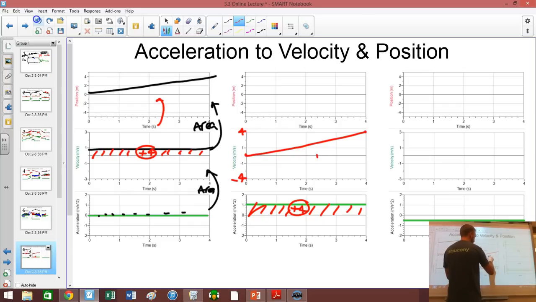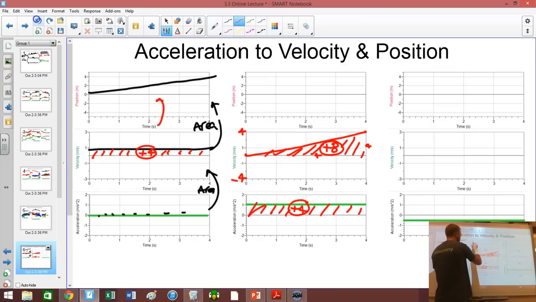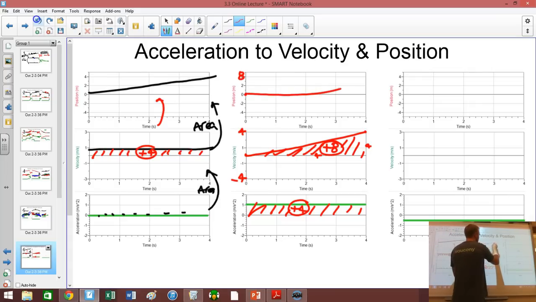My base is 4, my height is 4. 4 times 4 is 16. Half of that, this has an area of positive 8. So no matter where I start, I'll start it at 0. I'll just make this 8. Now I'm getting faster, like that.